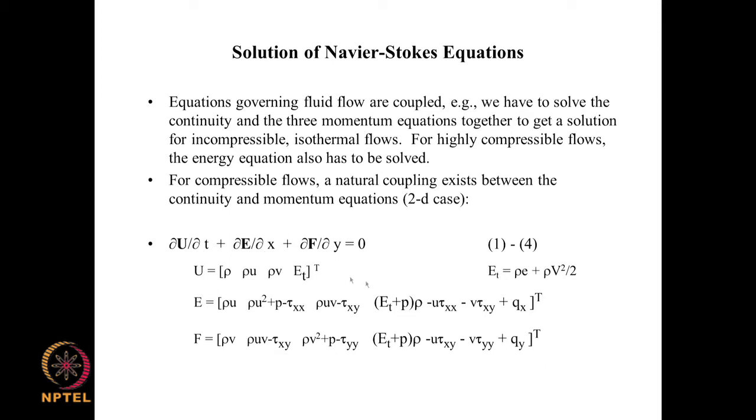Now let us look at the last equation, that is the energy equation. For the energy equation we take the last term for U, the last term for E and the last set of terms for F. Let us spend some time on this so that we are comfortable with these equations. We put it as ∂/∂t of Et, where Et is ρe plus ρv²/2, and this is the ∂/∂t term.